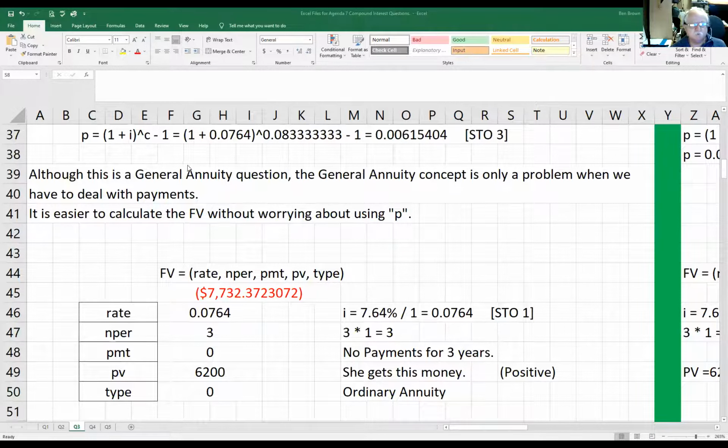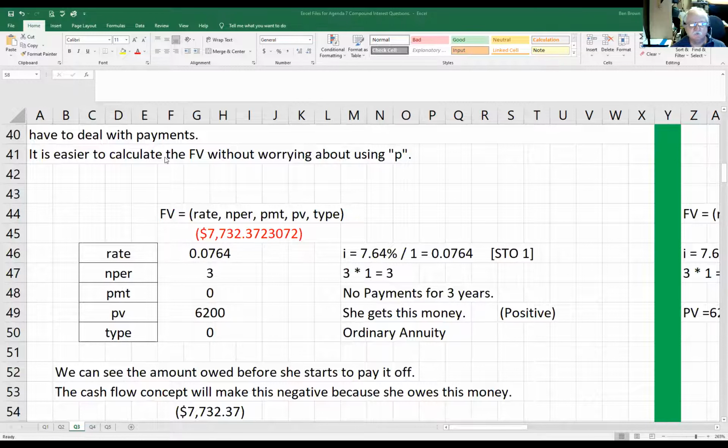So although this is a general annuity question, the general annuity concept is only a problem when we have to deal with payments. It's easier to calculate the future value without using P. So for the first time period, there's no payments.